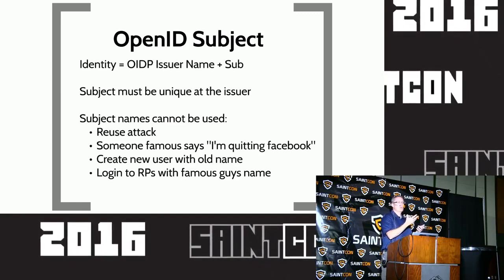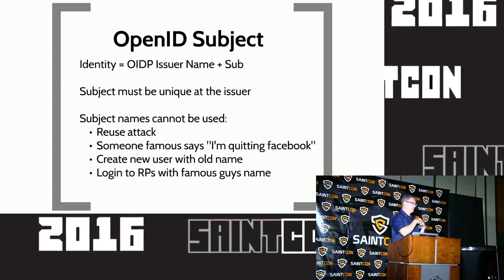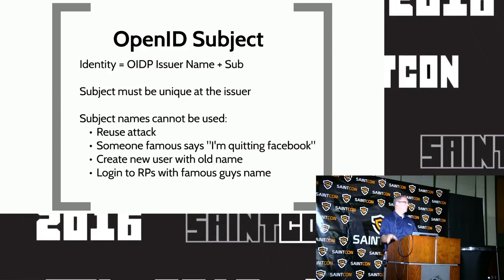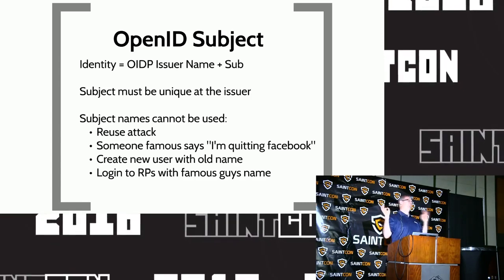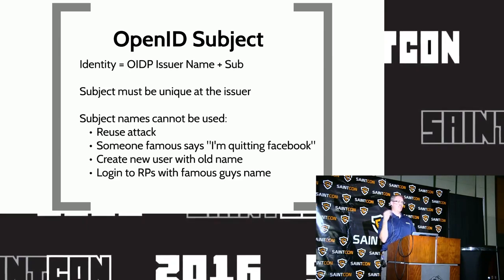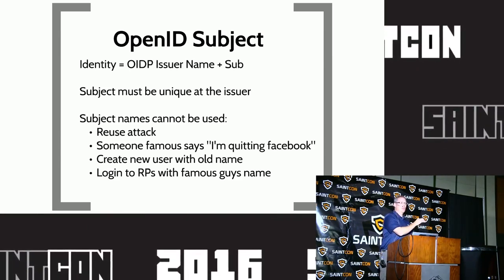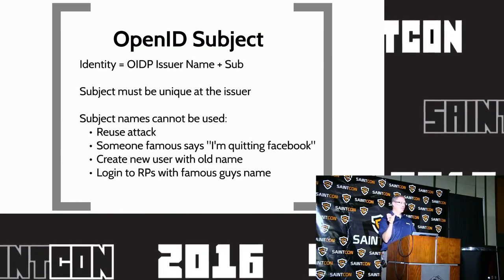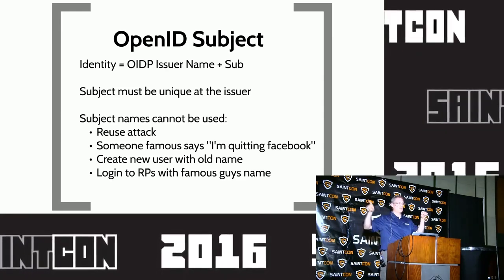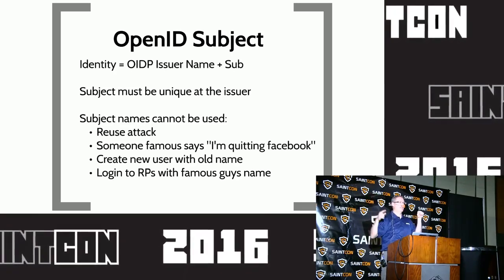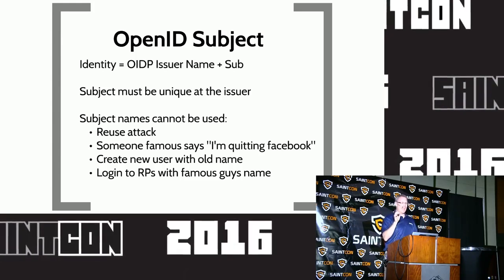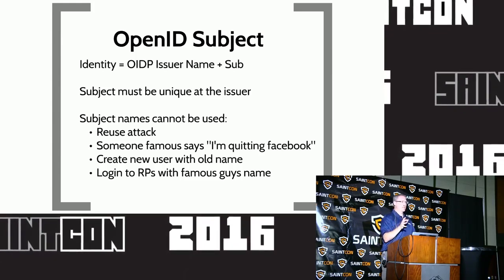And if a user decides to leave that company or to terminate his account, say like somebody famous on Facebook, they decide, I'm done with this social media thing, it just hurts. So they quit Facebook, and then the next person to log into Facebook with that same name, if that name is put into the subject and you got single sign-on into a whole bunch of different systems, you can now resume where they left off. So that's a big problem. So the subject has to be unique and never reused.